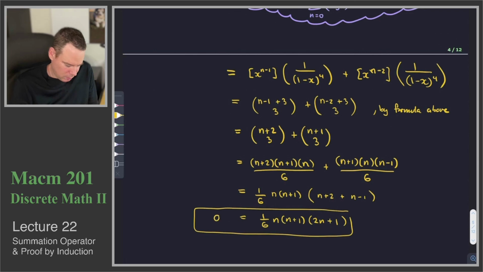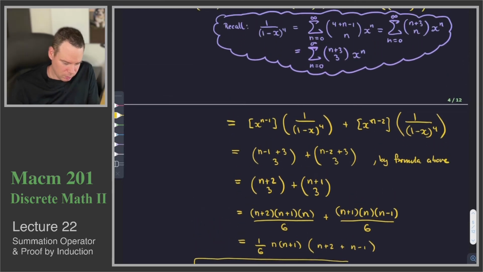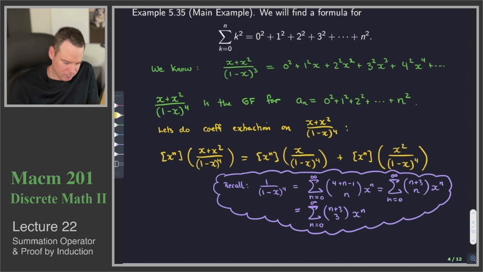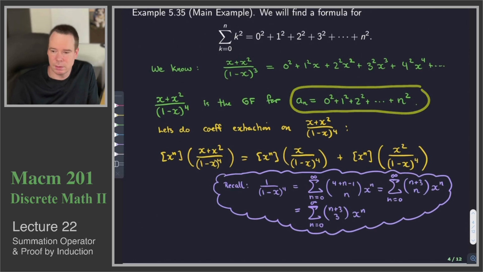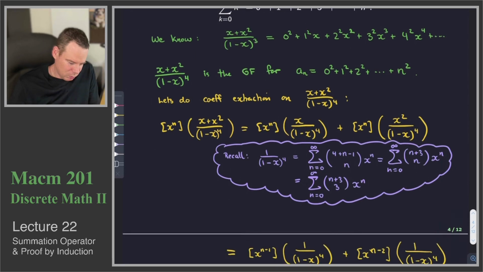That is what an is equal to. And we got that by coefficient extraction on a rational generating function. But that coefficient, if we scroll back up, that is the sum of consecutive squares. And so we've just found a formula for the sum of consecutive squares.